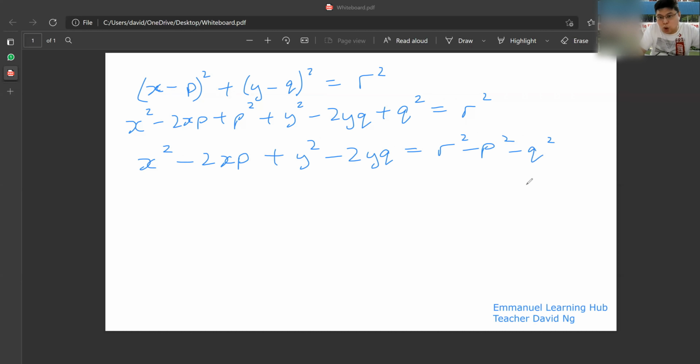So r squared minus p squared minus q squared is equal to some constant, right? Let's call it k. So this is how a general form would look like. This is the general form.